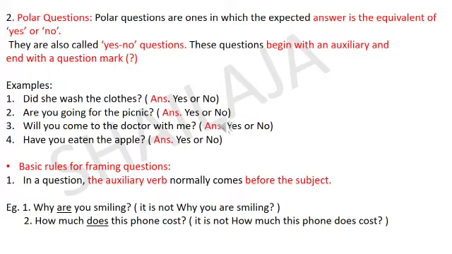Second one, how much does this phone cost? It's not how much this phone does cost. I told you that in a question, the auxiliary verb comes before the subject. So this phone is the subject, and does came before the subject. Clear, children?